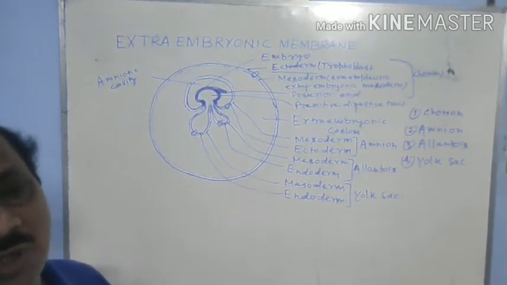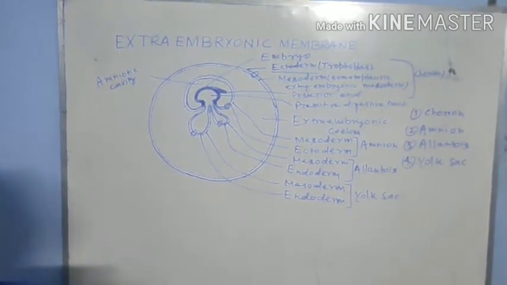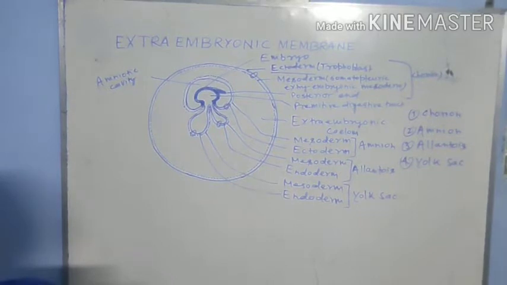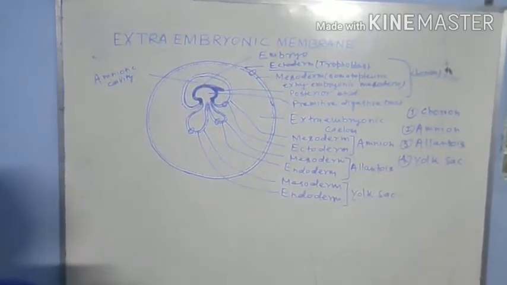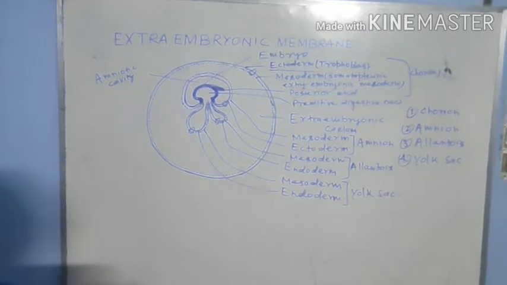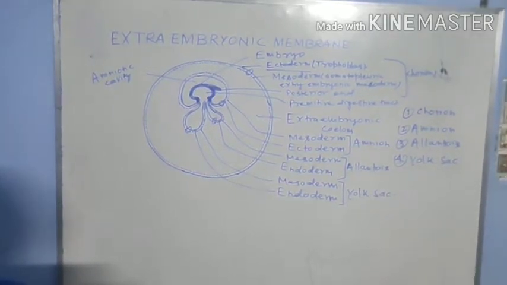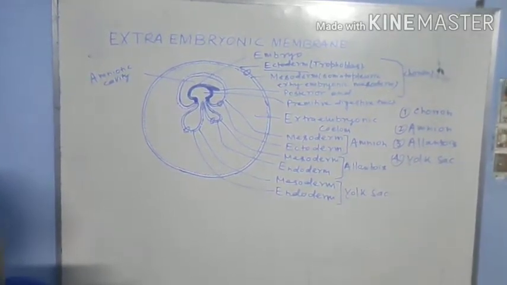The placenta is a vascular connection between the developing embryo and mother tissue. It provides nourishment to the developing embryo with the help of the umbilical cord.